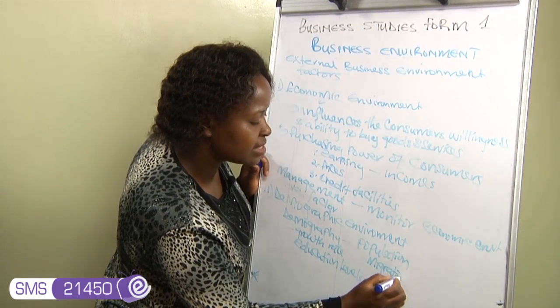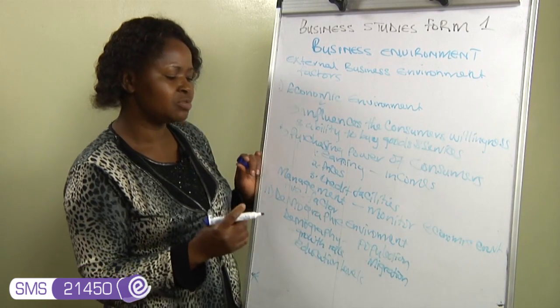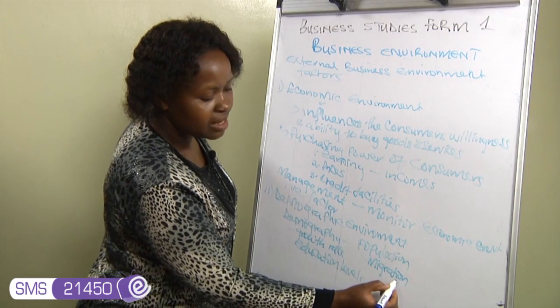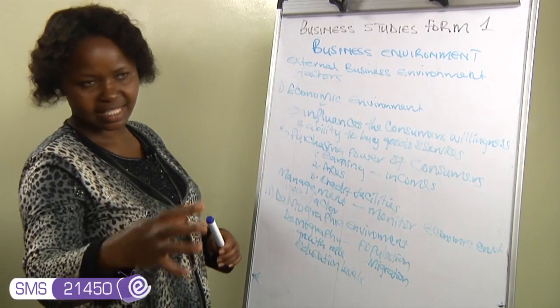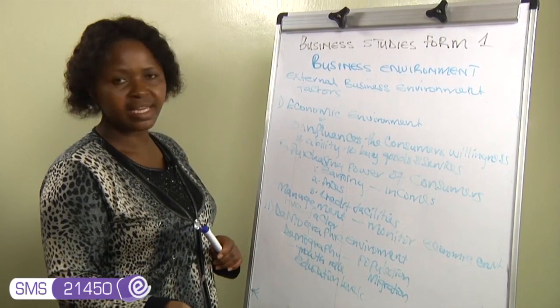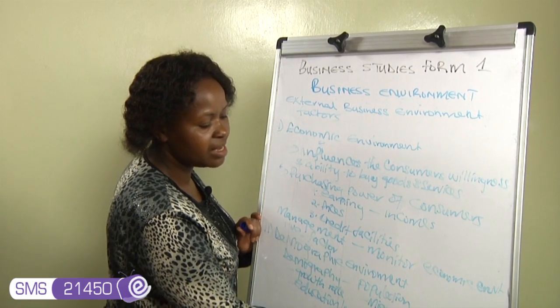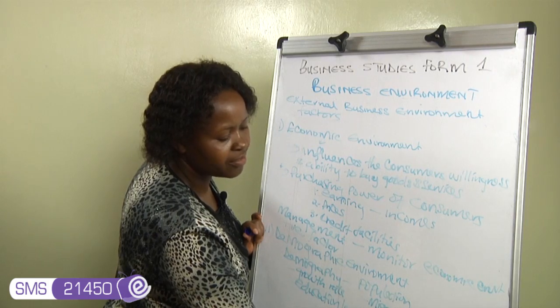Do we have a situation in the environment in which the business is operating where we are experiencing an influx of people into the area or out of the area? Migration can either be into or out of.